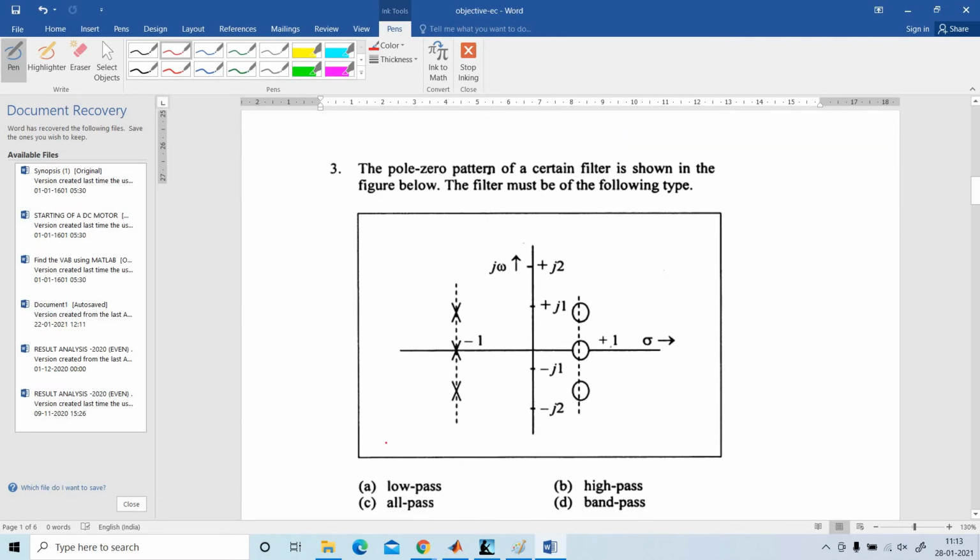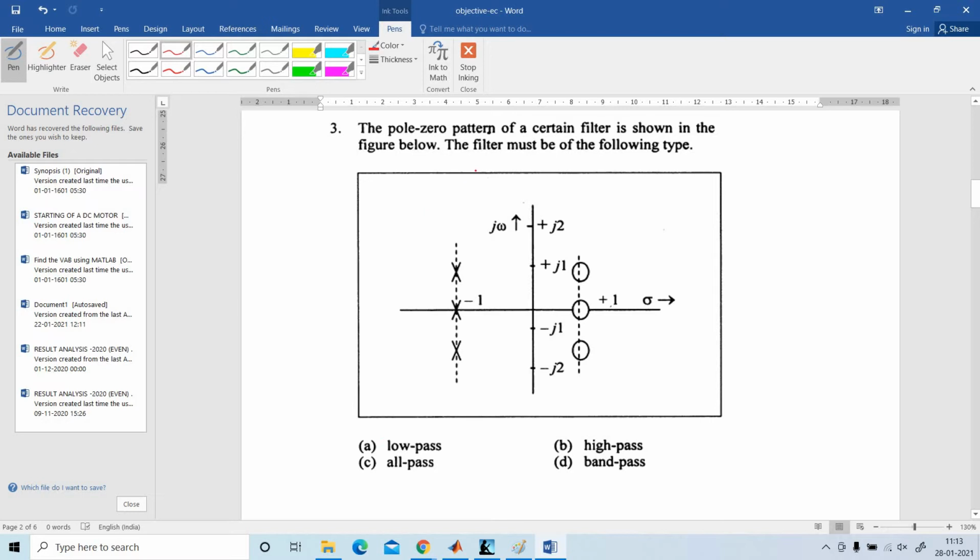Next problem. The pole-zero pattern of a filter is shown in the figure below. The filter must be of the following types. For this, first we are going to find the transfer function H of S. See here how to write. These are zeros, and this one is poles. Always zeros are in the numerator and poles in the denominator.